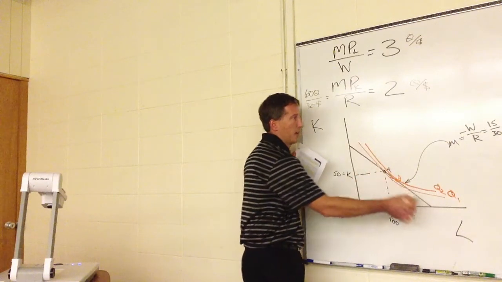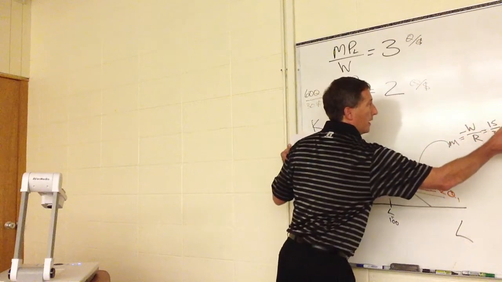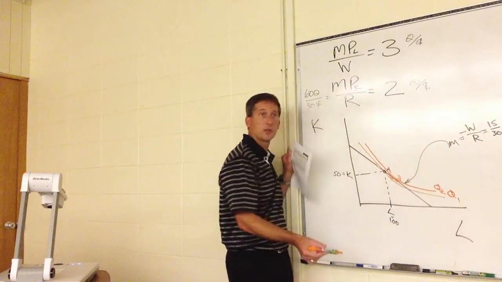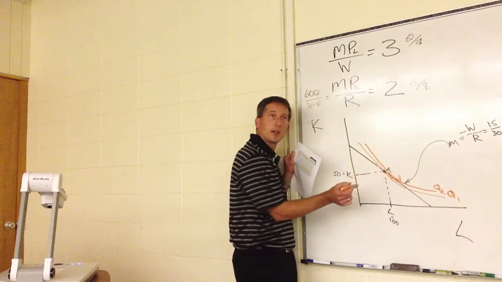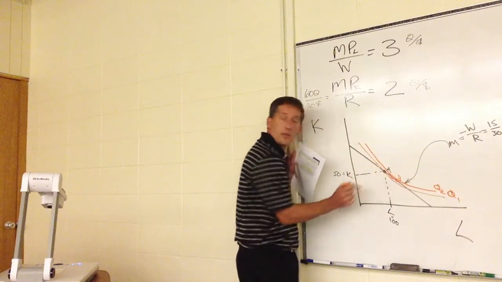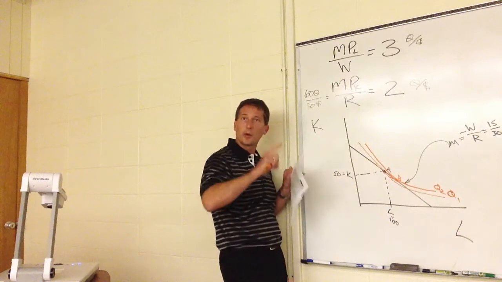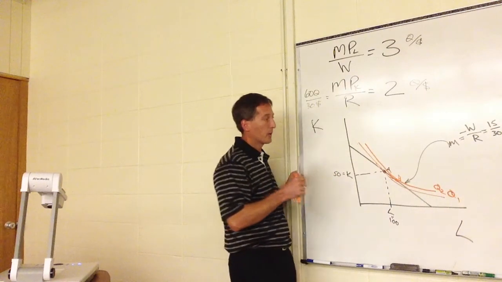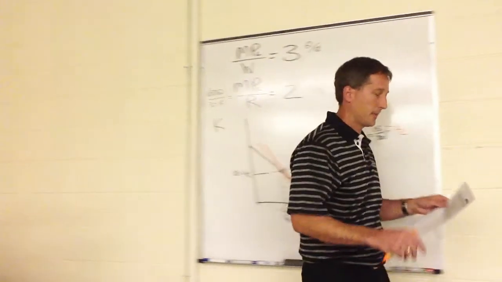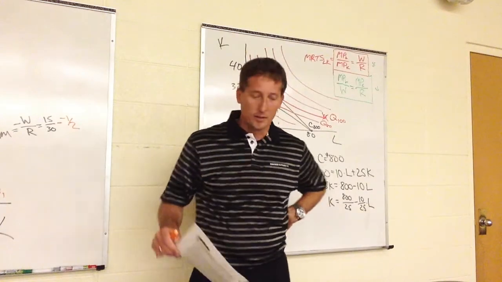The slope of the ISO cost was a negative half. So the two slopes weren't equal to each other, telling you to move that way. Increase labor, decrease capital, reorganize your budget, reorganize your spending. Okay.